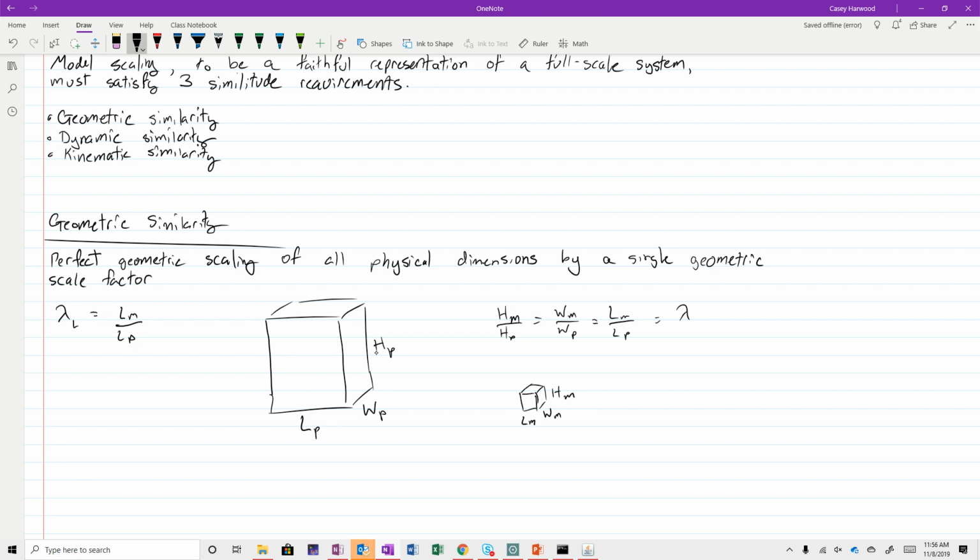This is actually a bit of a snake in the grass, so to speak, because when you require dimensional or geometric similarity, every geometric feature has to be maintained. Okay, that means bolt heads, roughness, things like that. You have to be able to scale down if you want true geometric similarity.